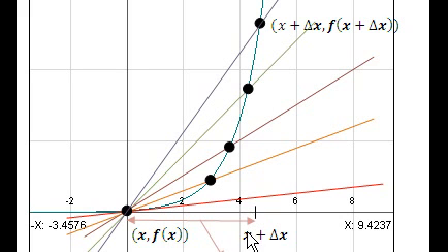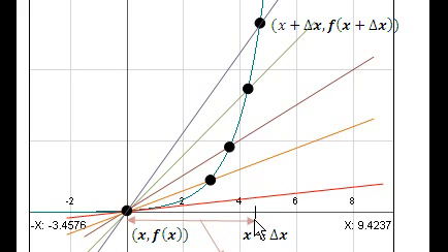So if x were 0 and delta x were 4.5, this whole thing would be 0 plus 4.5, so just 4.5.